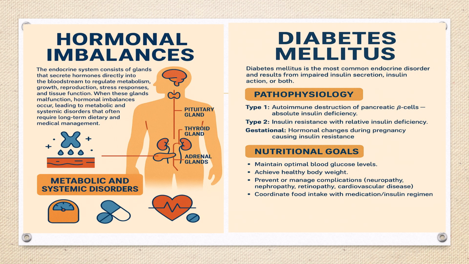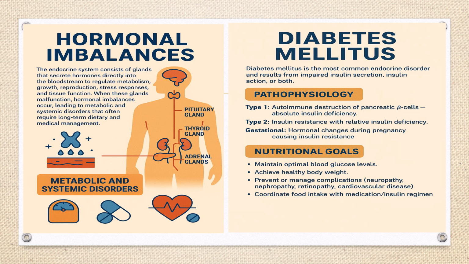Diabetes mellitus has been seen to be the most common endocrine disorder, and this can result from impaired insulin secretion, insulin action, or both. There are three types: type 1, type 2, and gestational diabetes. For type 1, there is autoimmune destruction of the pancreatic beta cells, where there's absolute insulin deficiency.